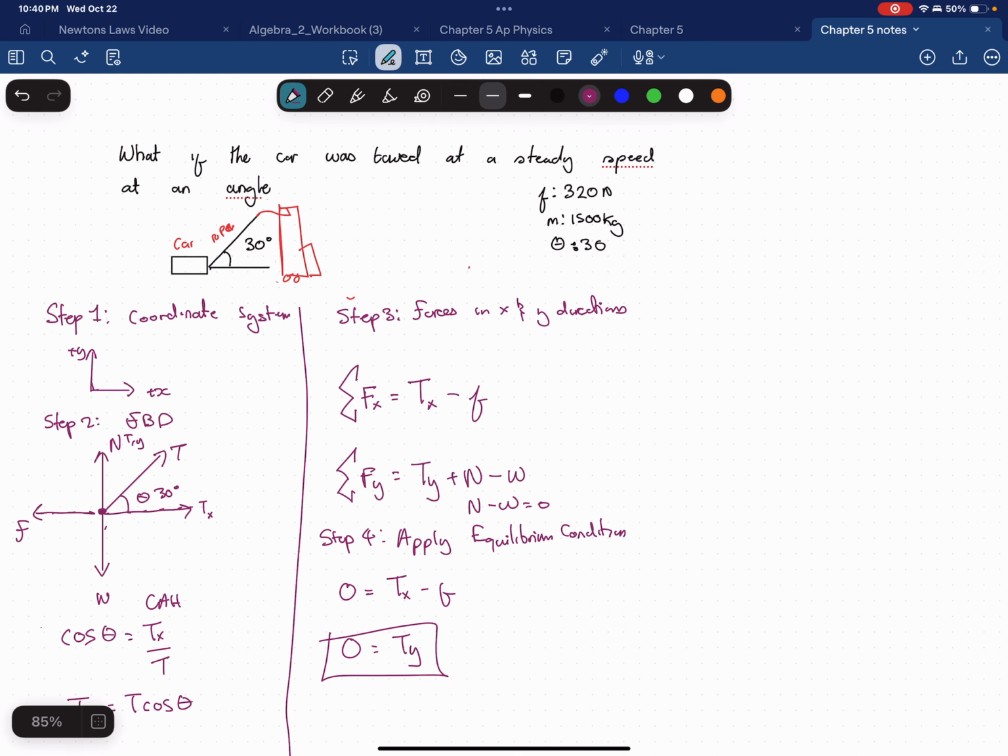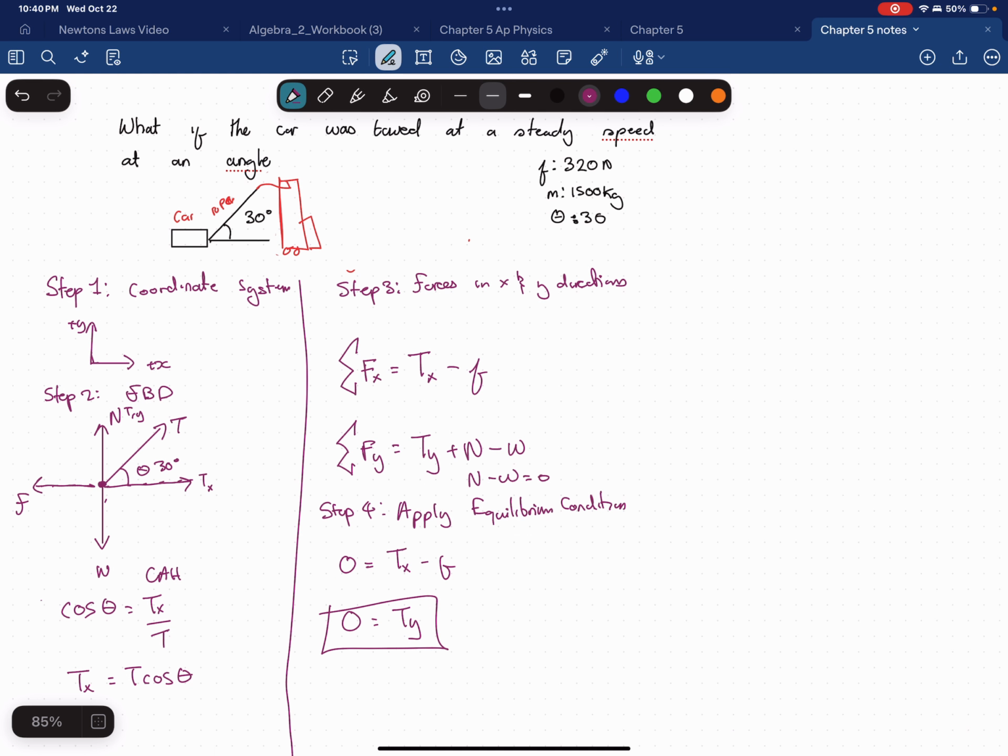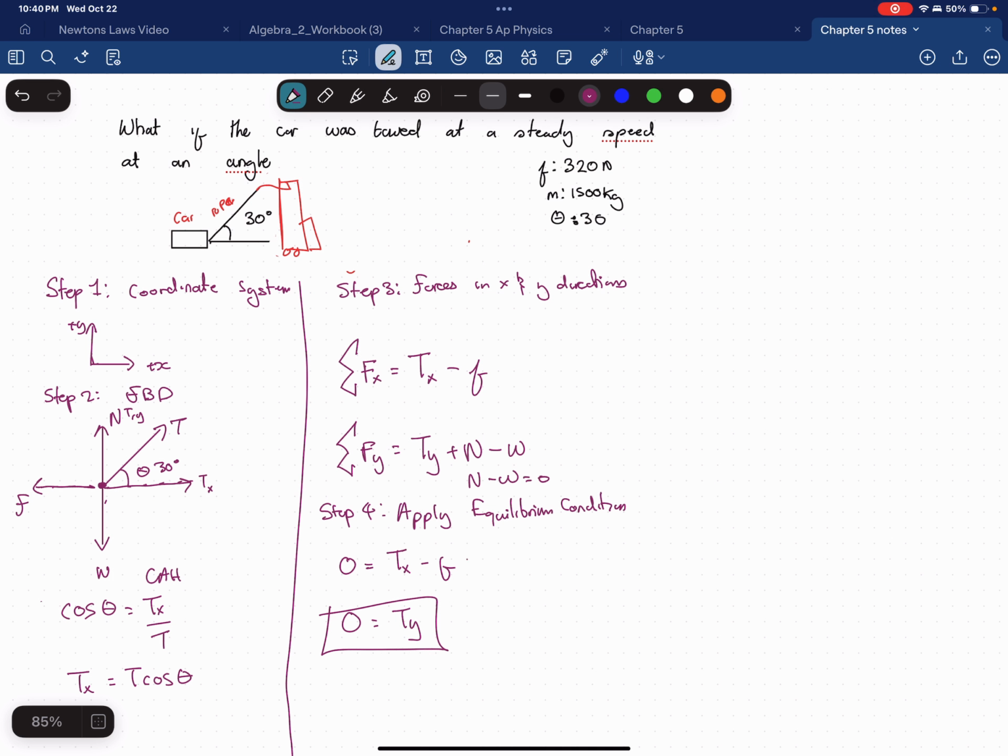And remember, we want to find the tension. That's our goal. So I can plug in now. 0 is equal to T cosine theta minus F.